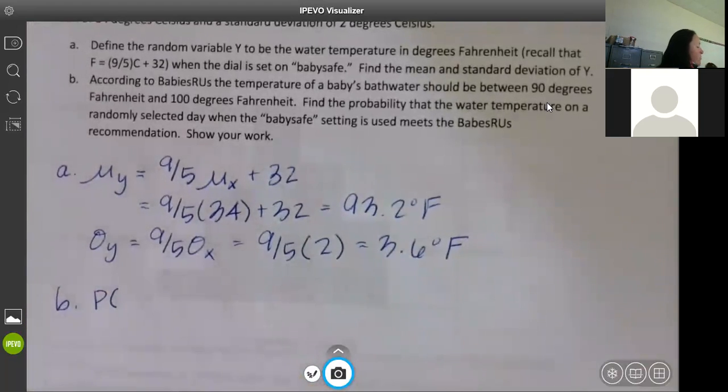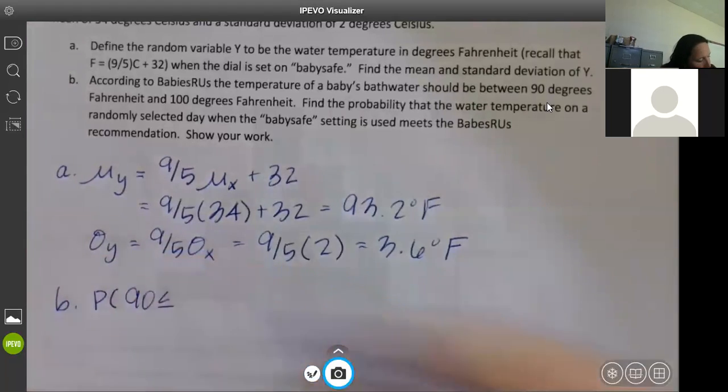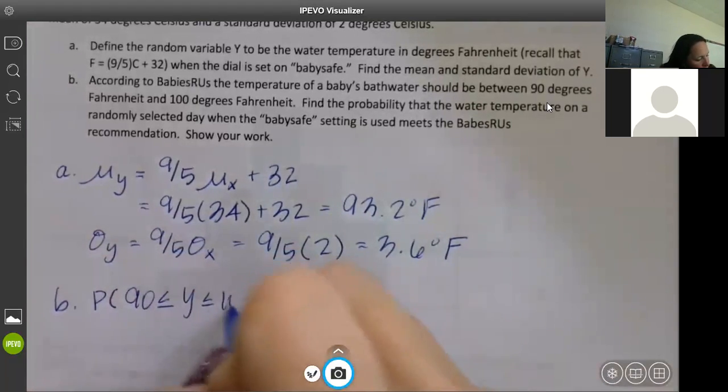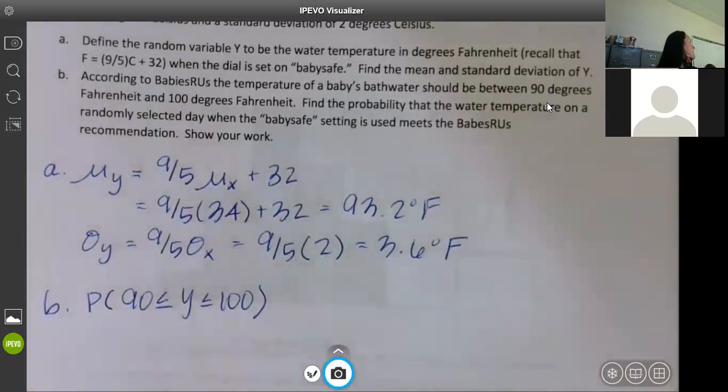P of what? 90 to 100 degrees Fahrenheit. So watch the variable that you use. I used Y because Y is the Fahrenheit.